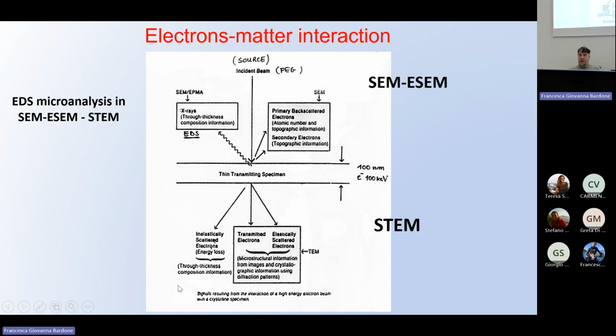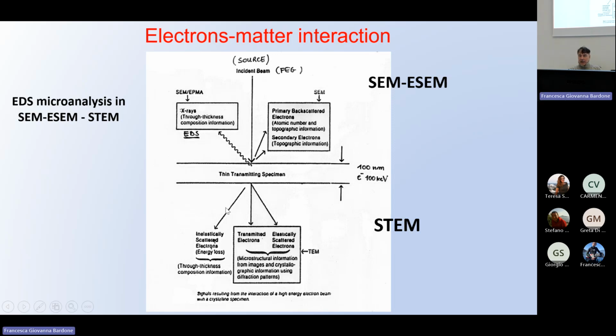They could be transmitted but a little bit absorbed, point by point. And all these types of electrons give you information on the microstructure or crystallography if you use diffraction. If these elastically scattered electrons are diffracted by Bragg, you have crystallographic information.